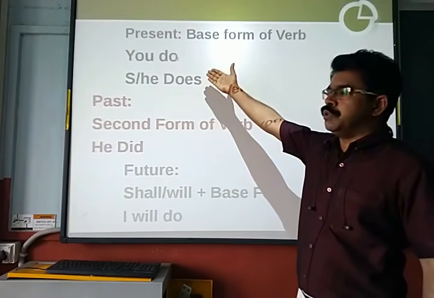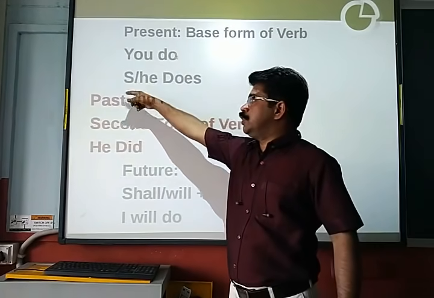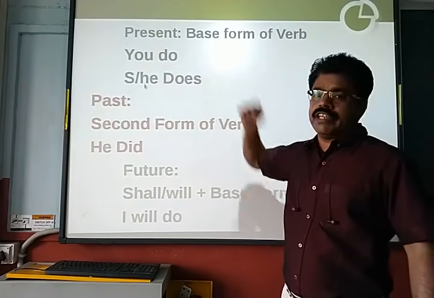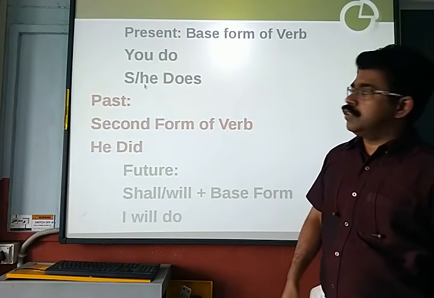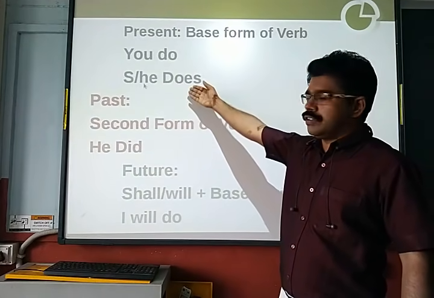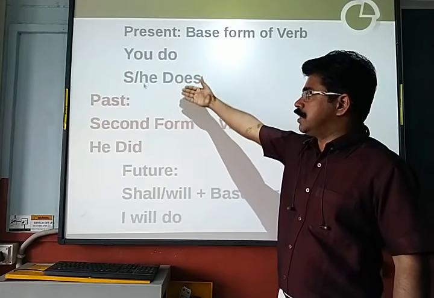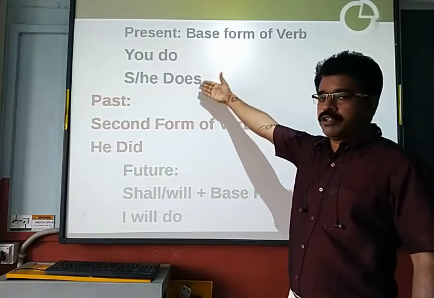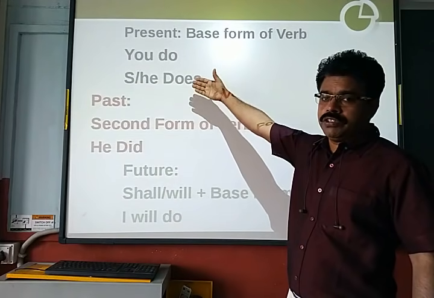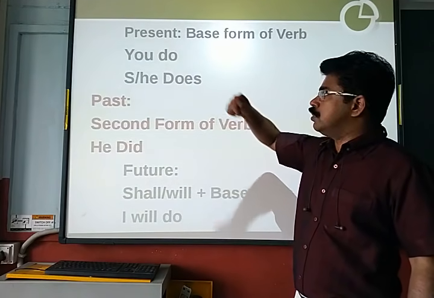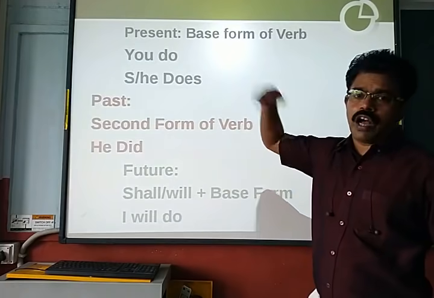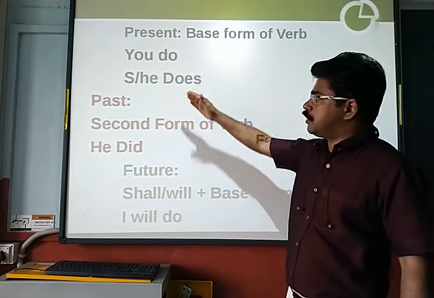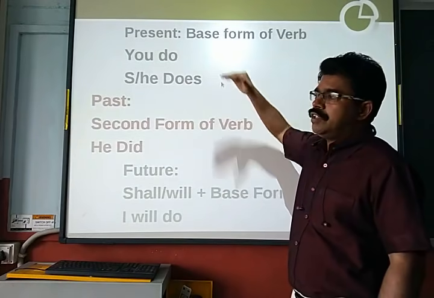So you do. She or he, it does. He does not play, she does not eat, you do, I do, we do, they do. It goes on like this. So that changes, that is the present tense.